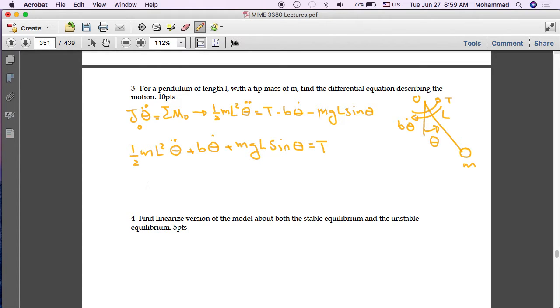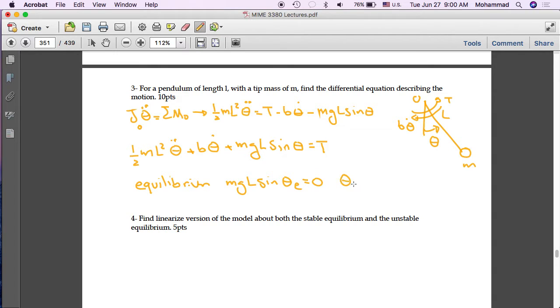So what you will get to is at equilibrium, you have mgL sine theta equilibrium equals 0, and that gives you two possible positions.